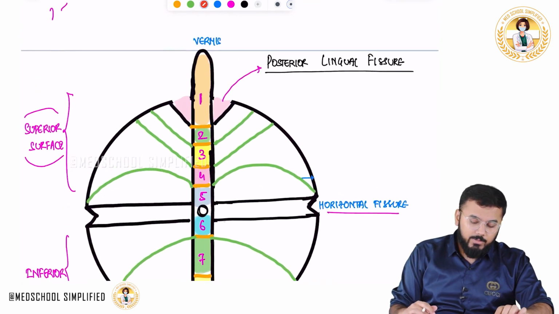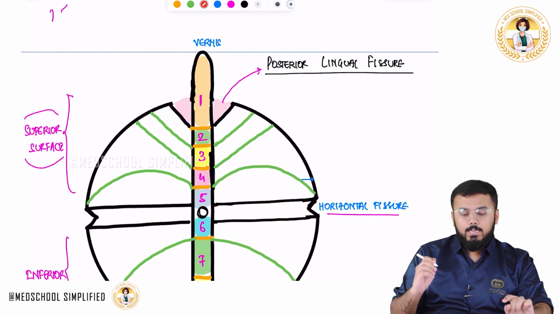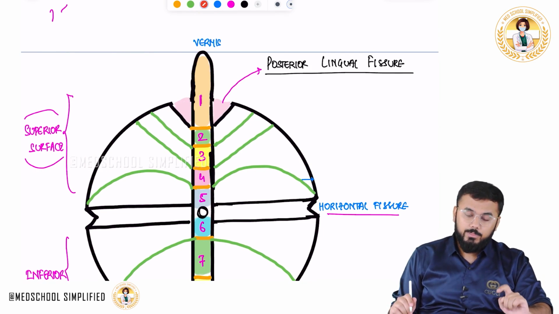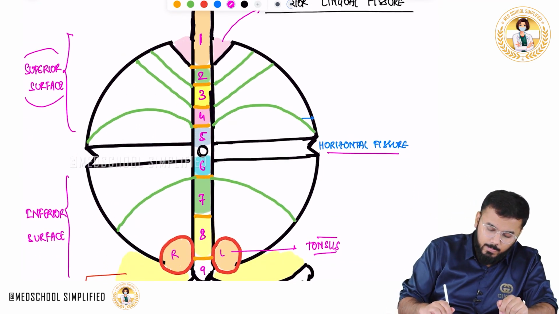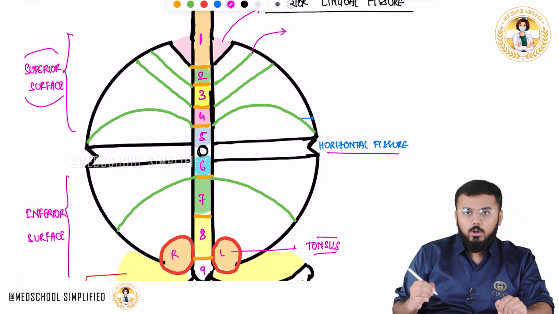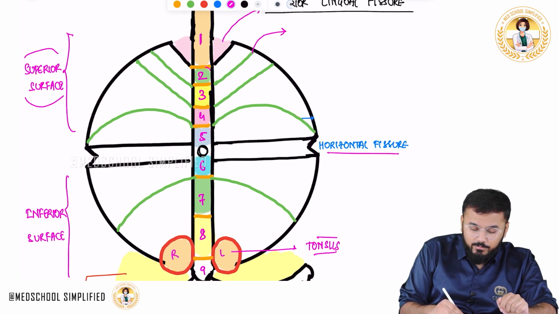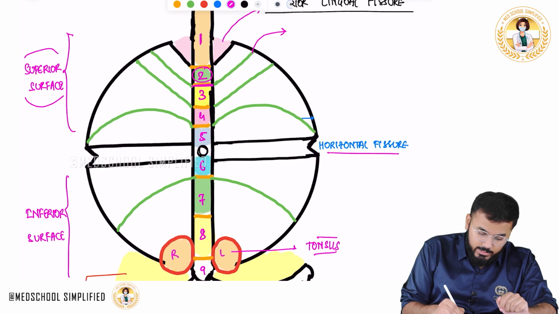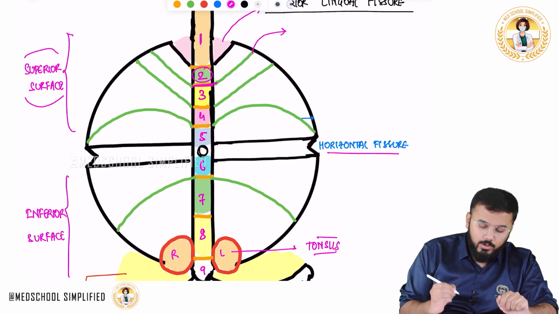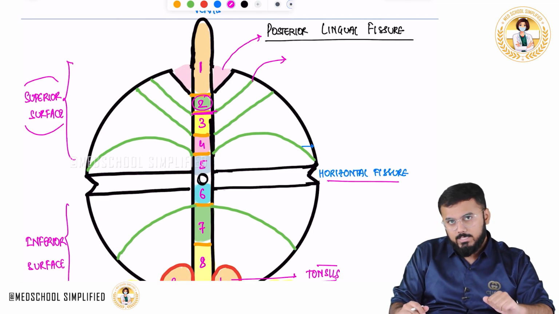Now, apart from these structures, we have to name these fissures. These fissures are very important. For example, what is this fissure called? This fissure starts from the lower border of the second lobule. You see, this is the second lobule, and it starts from its lower portion.